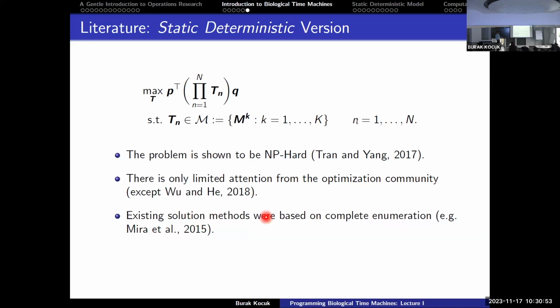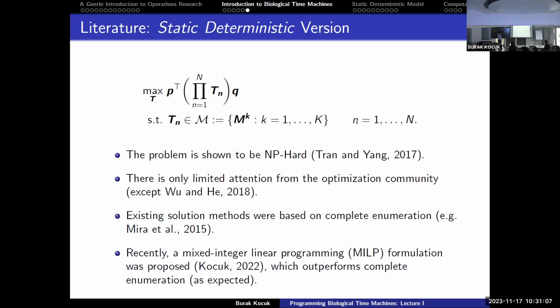They did complete enumeration. Remember, there are k to the power n ways you can organize the solution, right? And they go through all of them. Now, recently, we started working on this problem, and I have an extension that I will quickly show you.